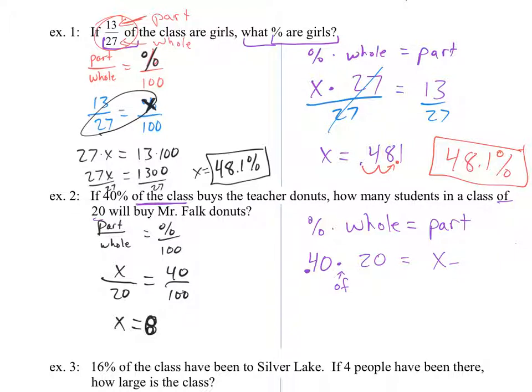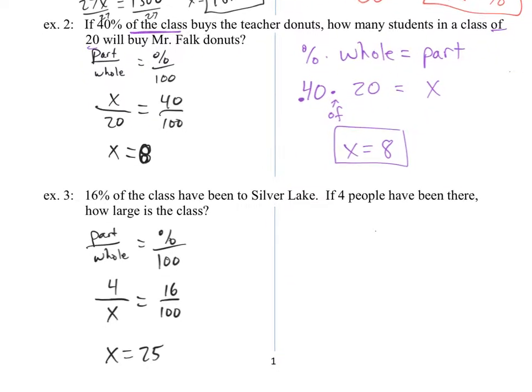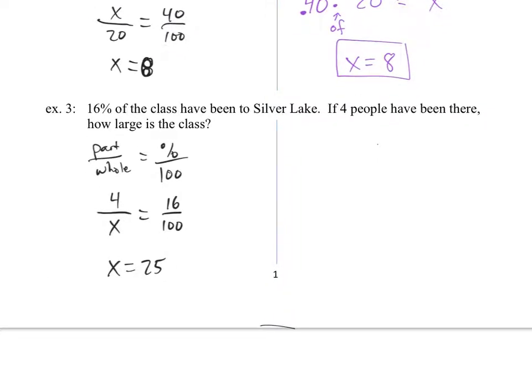And the nice part with this way is you don't need to cross multiply and divide. You just do one math operation. So 0.4 times 20 should give us X equals 8. And so 8 people buy donuts.